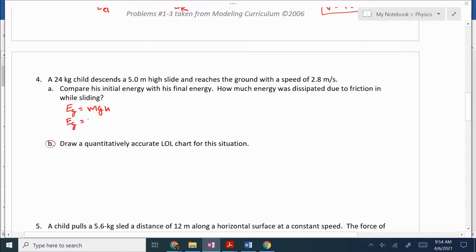That's going to give us 24 times 9.8 times 5 meters. So the child starts with 24 times 9.8 times 5, and that's the initial energy.